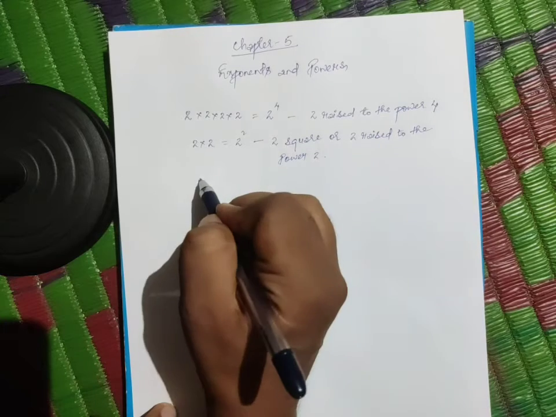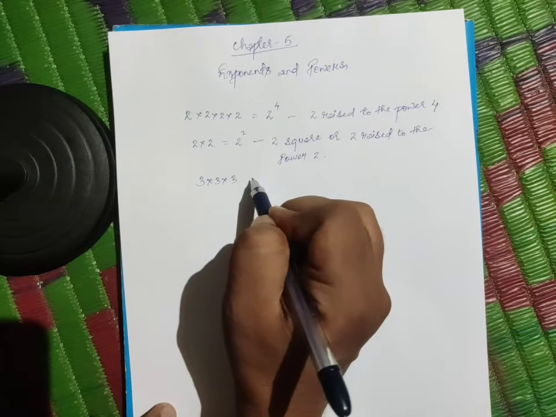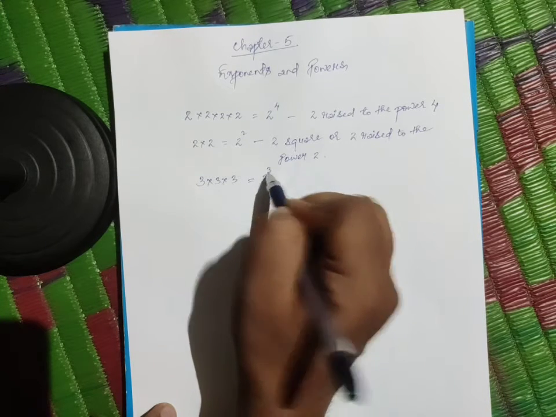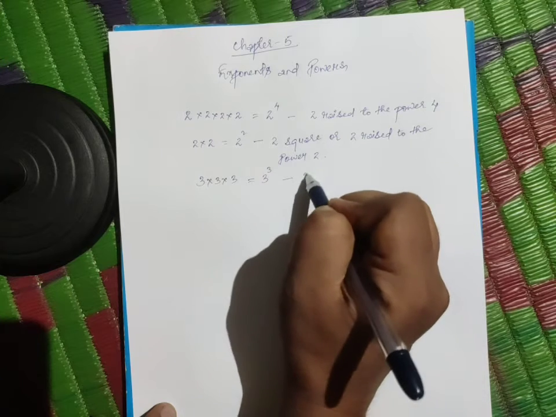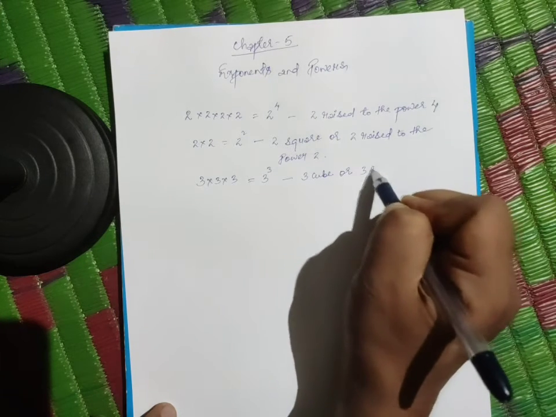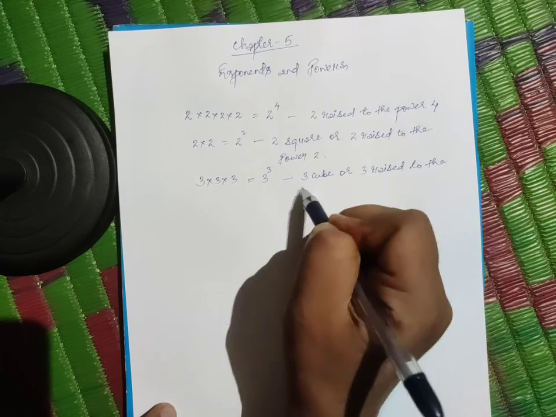Similarly, suppose 3 is repeating, 3 into 3 into 3, so here 3 is repeating 3 times, so in exponential form we write this as 3 to the power 3. This you can read as 3 cube, or 3 raised to the power 3.